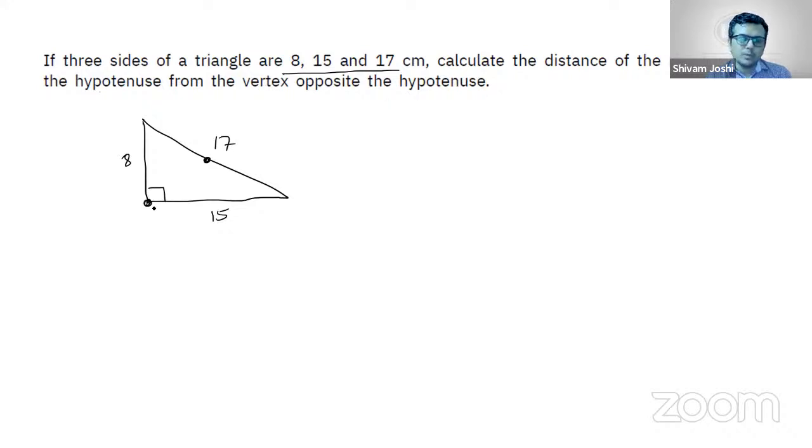So if I'm connecting these two points, what exactly is this? Is this a median or an altitude? By definition, it should be a median, because it is the midpoint of the hypotenuse from the opposite vertex. So median on hypotenuse is c by 2, or hypotenuse by 2, which is 17 upon 2. Answer is 8.5.